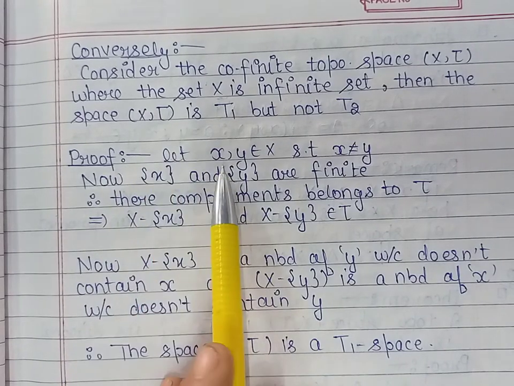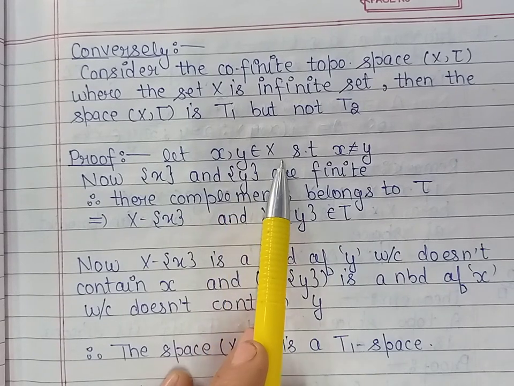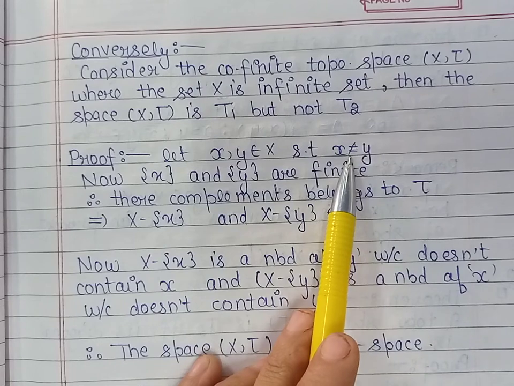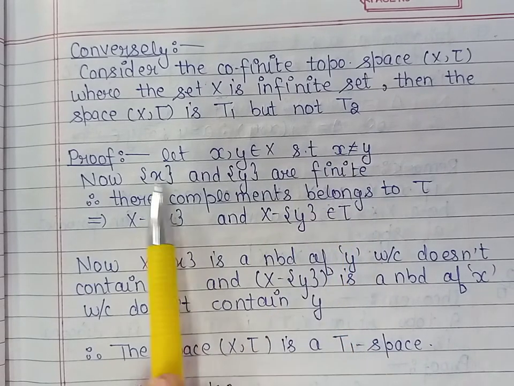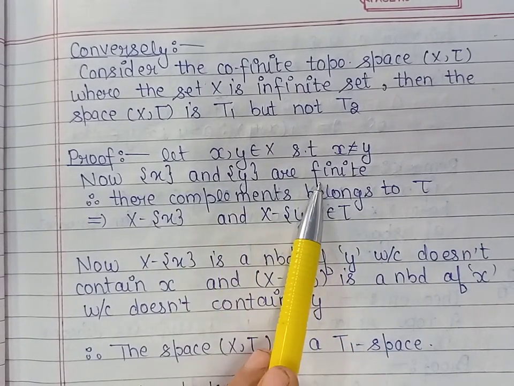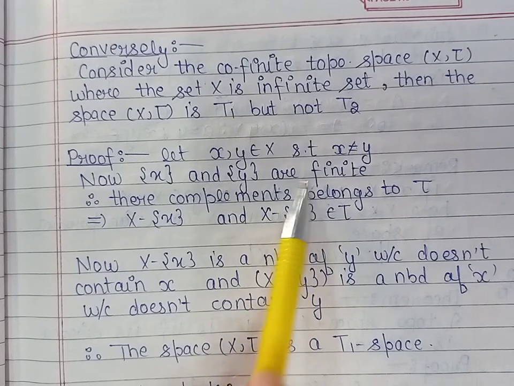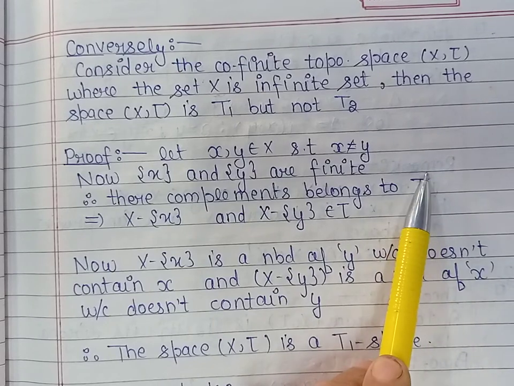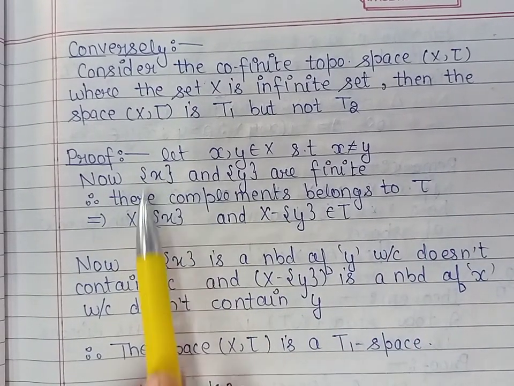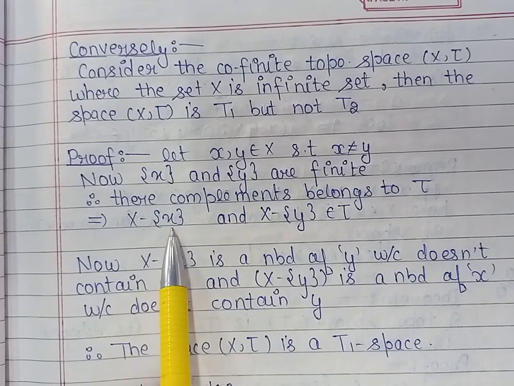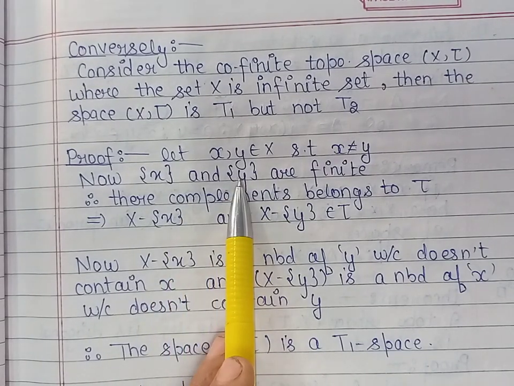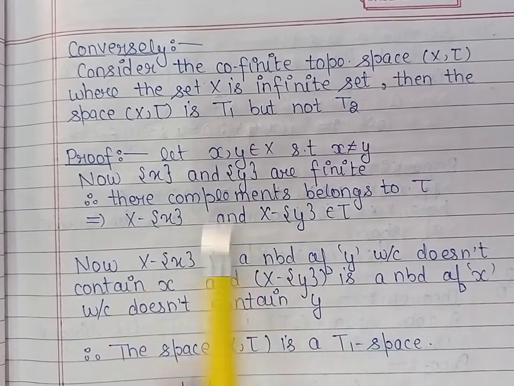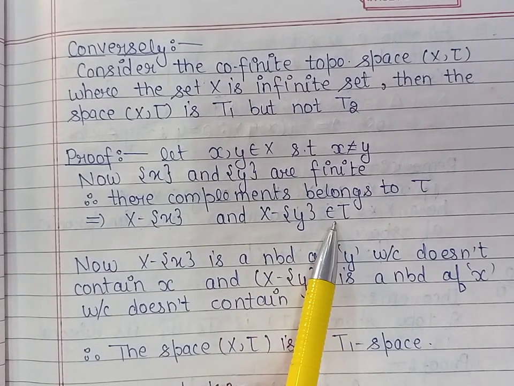Let us take two points X and Y belonging to X such that these two elements are distinct. Now because singleton X and singleton Y are finite sets, by definition their complements will belong to the cofinite topology. The complement of singleton X is given by X minus singleton X and the complement of singleton Y is given by X minus singleton Y. These two members belong to tau.